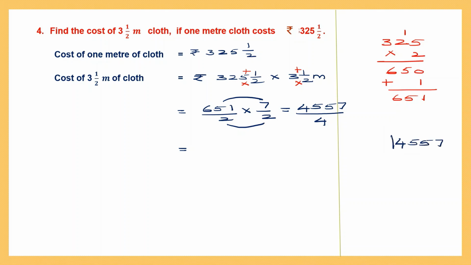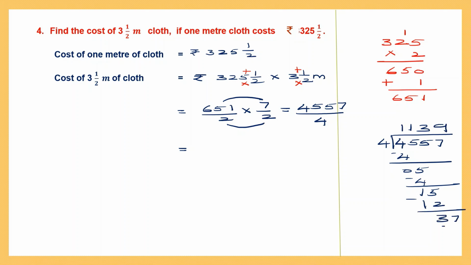So let's do that division. 4557 divided by 4. 4 ones are 4, minus, bring down 5. 4 ones are 4, minus 1, and then you get the 5, 15. 4 threes are 12, minus 37. 4 nines are 36.